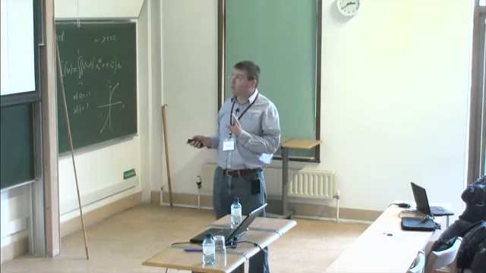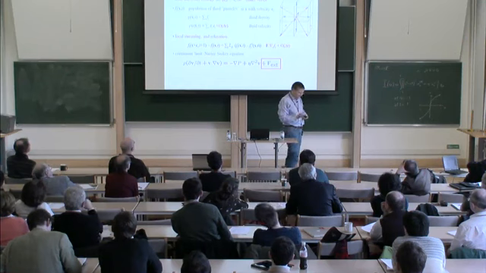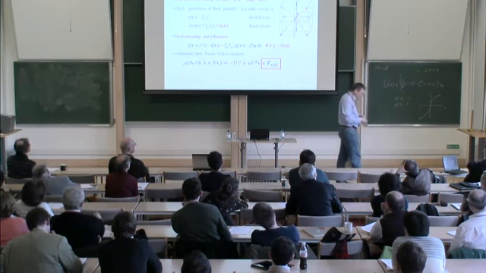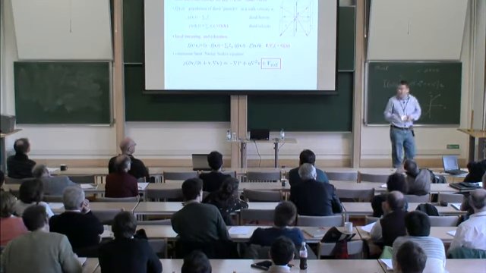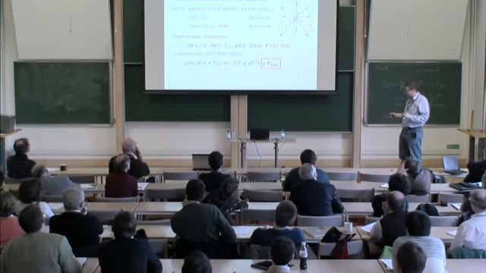Anyway, it's a way of doing fluid mechanics on a lattice, but the important point here is basically a way of solving the Navier-Stokes equation as efficiently as anyone else can solve the Navier-Stokes equation. Works very well on big computers. The only thing to point out is that you need a version of the lattice-Boltzmann solver which can deal with an external force or external stress in the Navier-Stokes equation, and this is what we have.